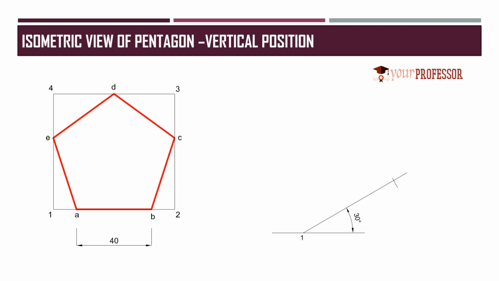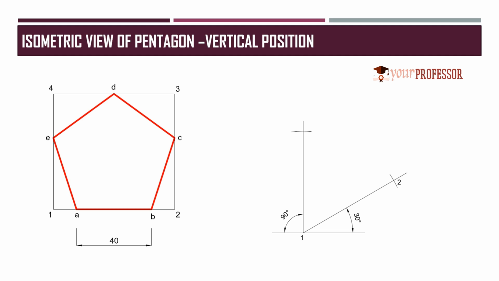Now consider the distance between 1 and 2 as radius with the help of compass. With 1 as center, drop an arc onto the 30-degree line. That is point 2. Now draw a vertical line passing through point 1, and consider the distance between 1 and 4.